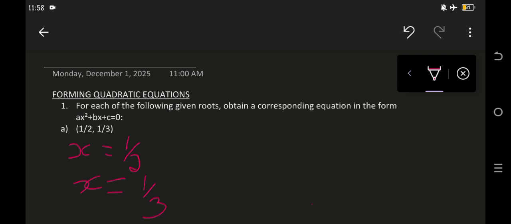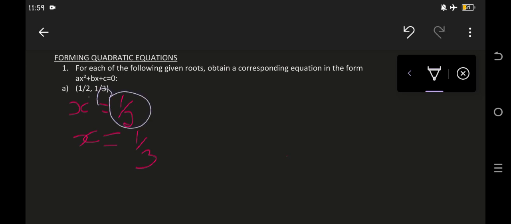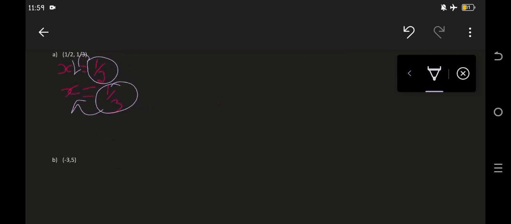This 1 over 2 is going to cross over to become negative 1 over 2, and this 1 over 3 is going to cross over to become negative 1 over 3, so that we have x minus 1 over 2 is equal to 0 and x minus 1 over 3 is equal to 0.